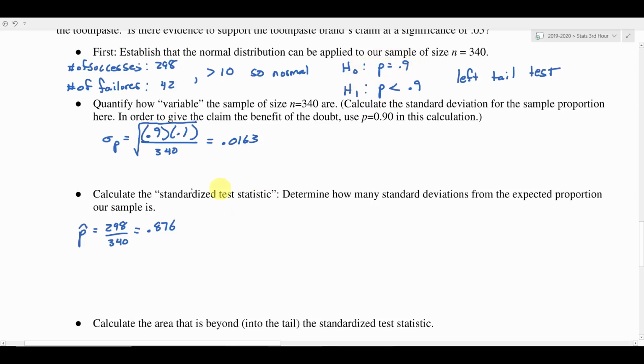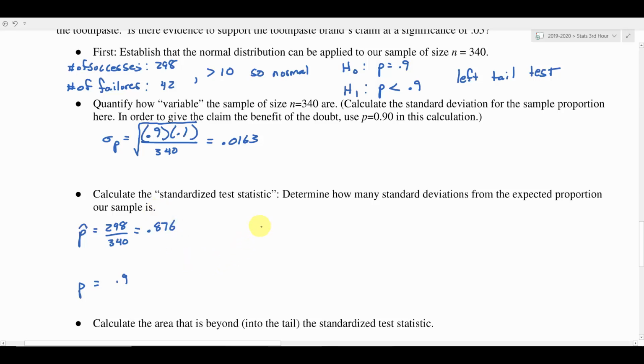Our sample got 0.876. I am kind of thinking that 0.876 is really not that far away from 0.9. I totally believe this could happen in a random sample. I'm not sure that this convinces me that the toothpaste company was lying by any means, because remember, the toothpaste company had assumed that it was 0.9. But I need to figure out how many standard deviations away I am from the 0.9, and that'll give me a more clear picture of how probable this is.